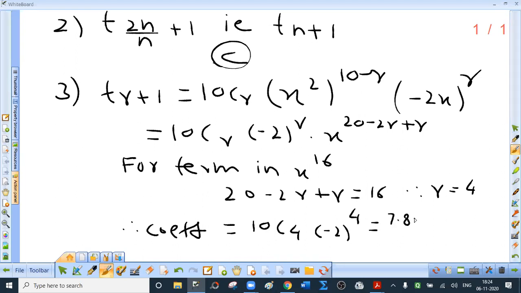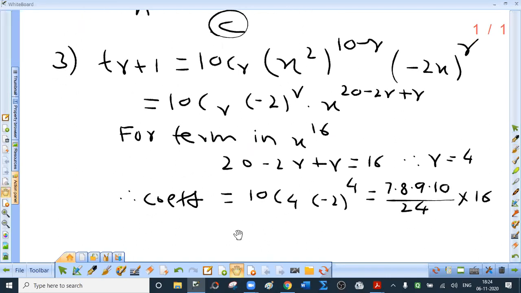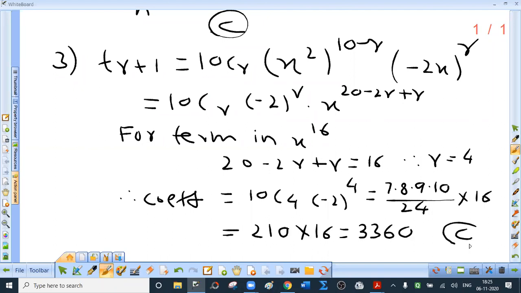So 7, 8, 9, 10 upon 24. And what is minus 2 raised to 4? It is 16. Yes, so this will be 210 into 16, which is 3360. Is this given? Yes, 3360. It is given in option C. So C, Calcutta is the correct option.